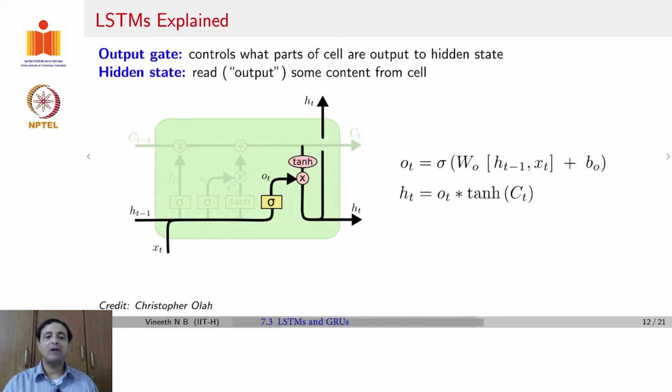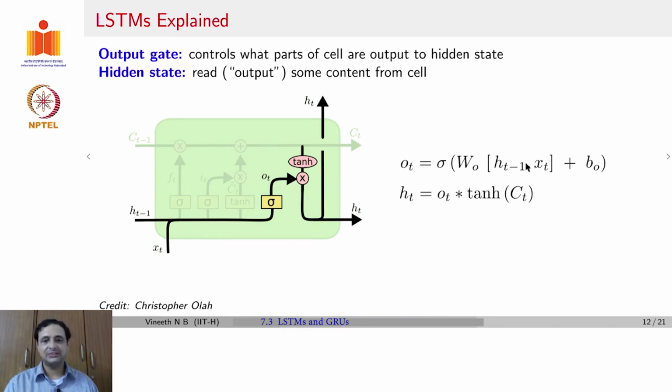Finally, you have the output gate, which controls what parts of the cell state are provided as the hidden state, which goes to the next time step and the output. So Ot is another gate similar to the forget gate and the input gate.